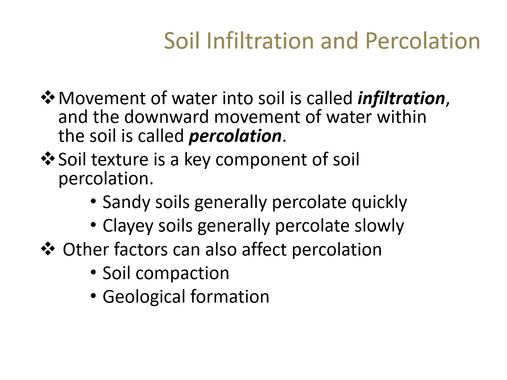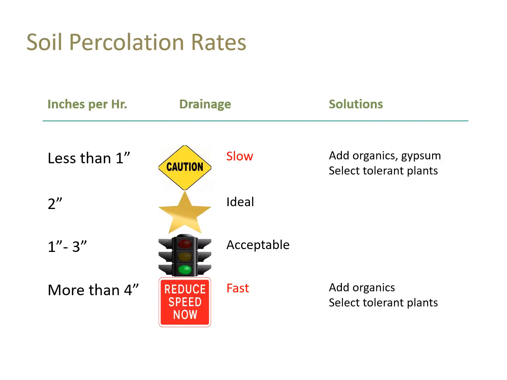A lot of our coastal communities have ancient fossil seabeds that harden up almost like concrete, and they prevent water from infiltrating. We say less than 1 inch is slow drainage, and we add organics, possibly gypsum, and select tolerant plants to make that a more sustainable situation.